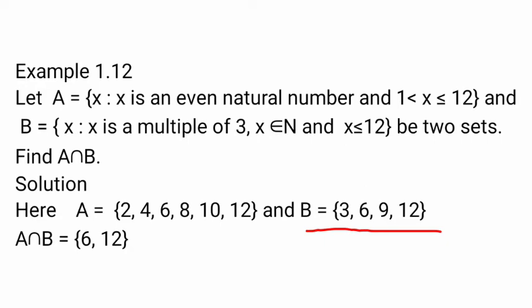Therefore 3, 6, 9, 12, that is set B. Therefore A intersection B means the common elements of both A and B. What are the common elements? 2 is in A, not in B; 4 not in B; 6 in B; 8 not in B; 10 is not in B; 12 is an element of B. Therefore A intersection B equal to {6, 12}.